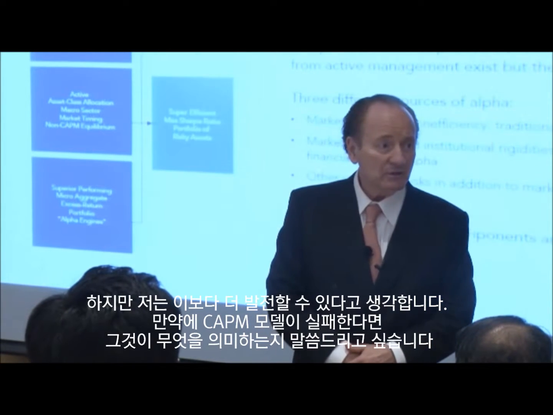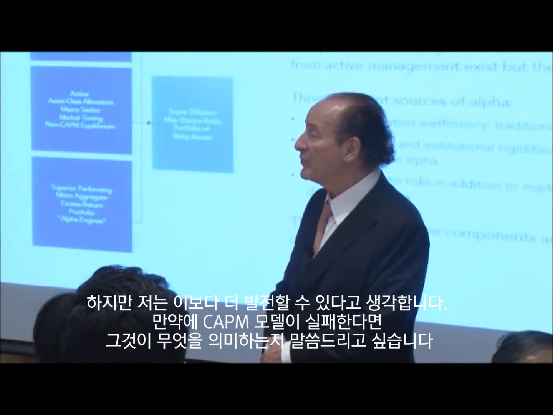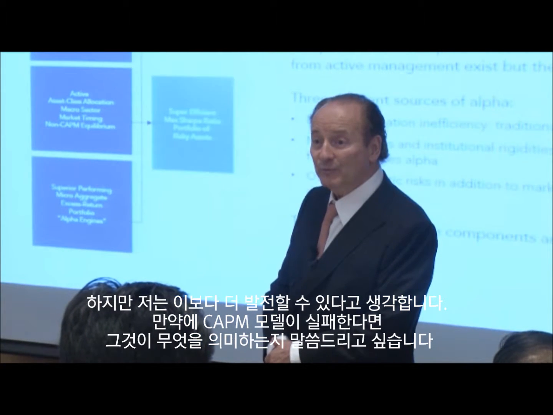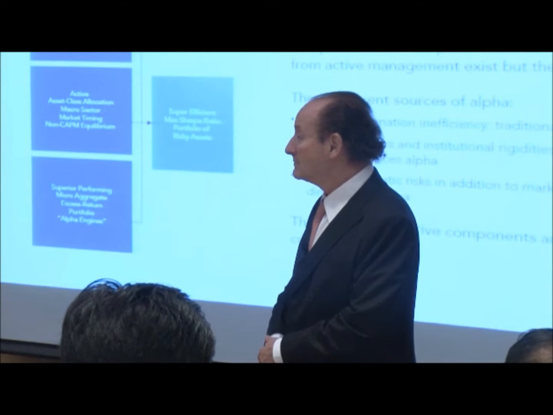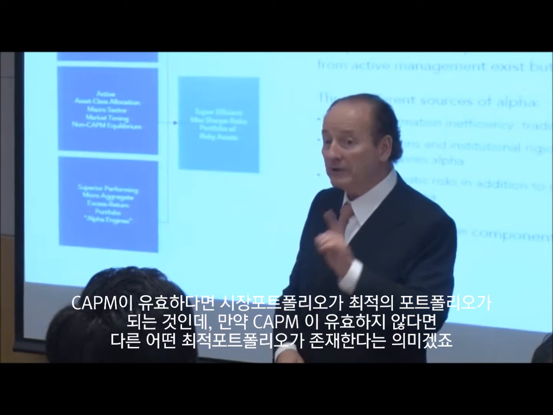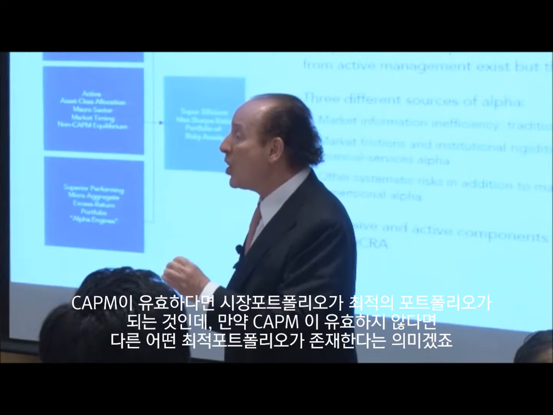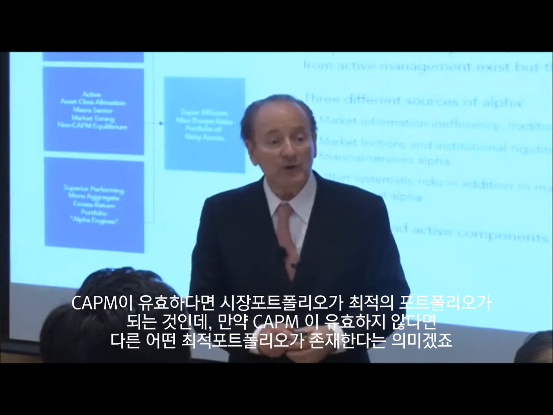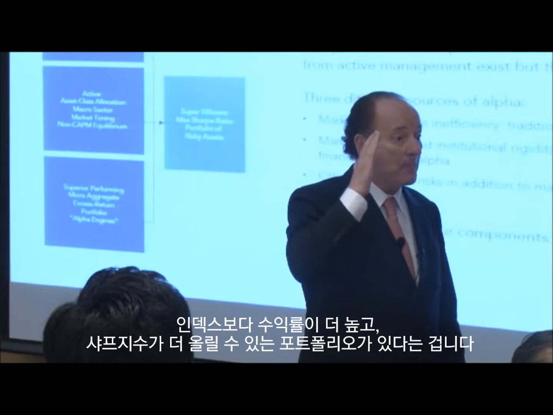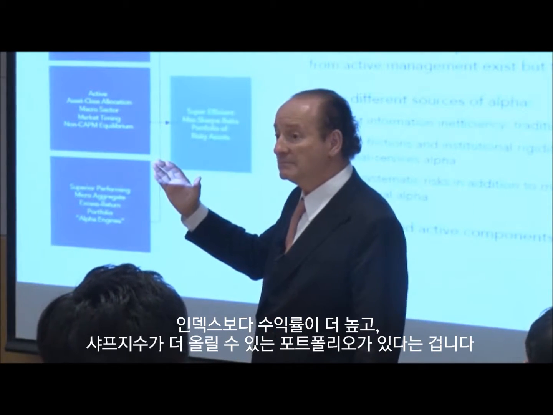That said, we can improve it because I'm going to make the case to you first that the capital asset pricing model fails to be good enough. If it does hold, indexing is the best. If it doesn't hold, then we know there's some other portfolio that has a higher Sharpe ratio, a better performer than the index.